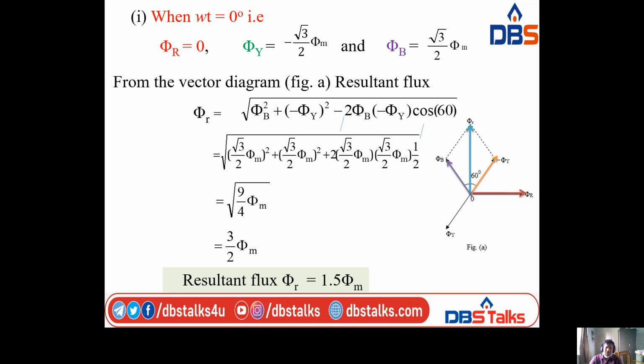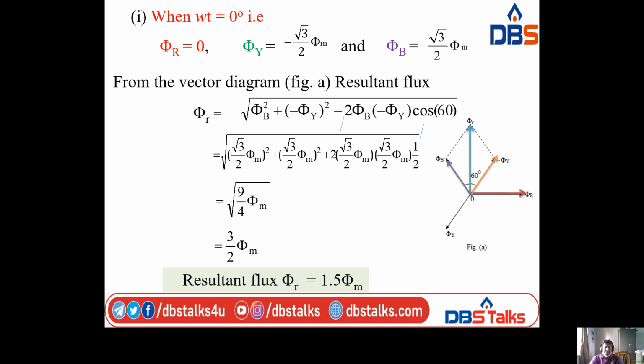What is the phi B value? Root 3 by 2 phi m whole square, plus what is the minus phi Y value? That is also root 3 by 2 phi m whole square, plus, here already minus is there, minus plus 2 phi B, root 3 by 2 phi m, root 3 by 2 phi m, right? Cos 60 is 1 by 2.